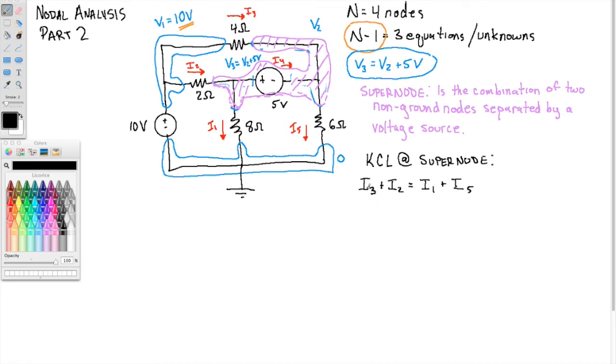So now I will continue on with the procedure detailed in the previous video. For I3, remember this guy's 10 volts over here.